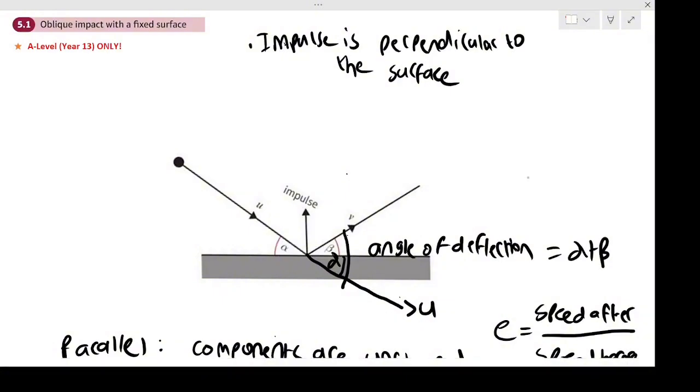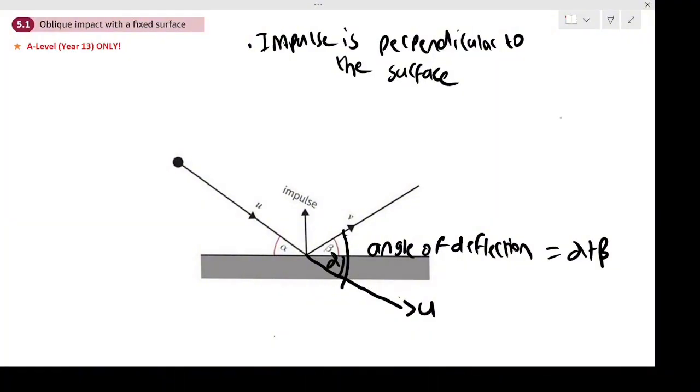But as I said, it's generally a very good idea to extend the direction to help you clearly see the angle you're working with, okay? And the last comment I'm going to make is that this angle here is not the angle of deflection. So this whole angle theta here, that's not the angle of deflection.